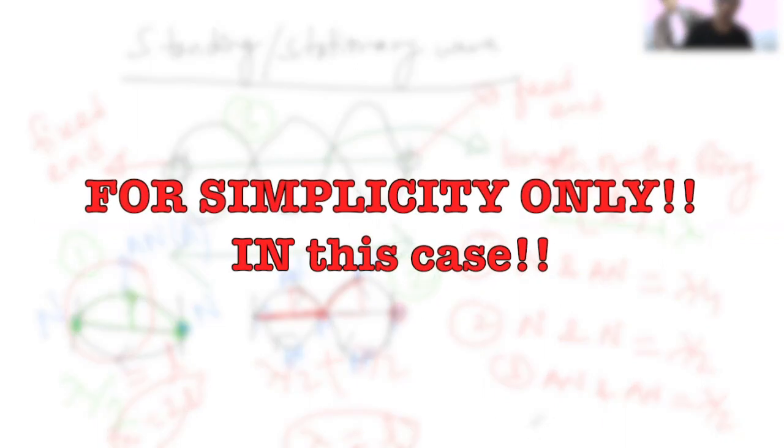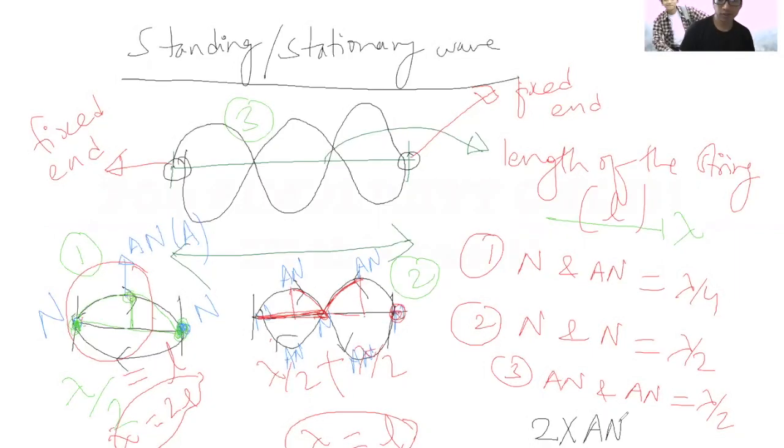So 2 times lambda by 2, when I simplify it, gives lambda.